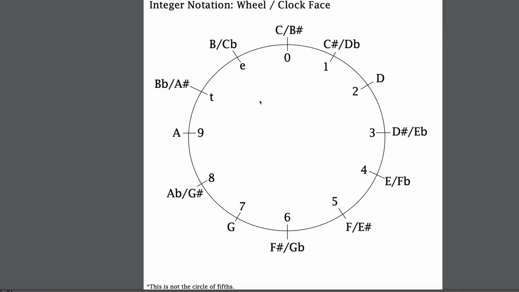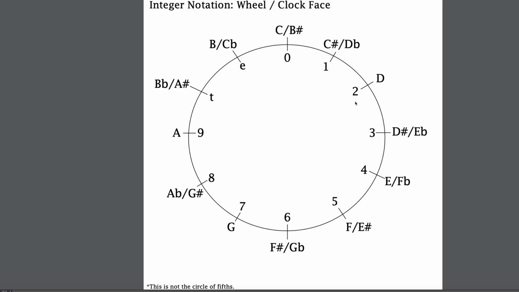But with pitches, we have base 12. So we have to count up all the way to 12, and then it starts over again, right? And that's how we have to think. So instead of the numbers 10 and 11, we're going to use T and E. This clock will help us count in this kind of base 12, because if I say, I need you to go up 5 from 9, that is not going to get us to 14.